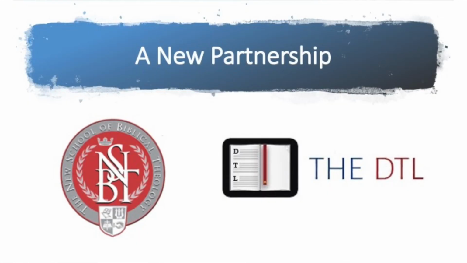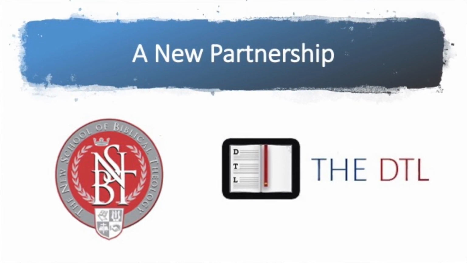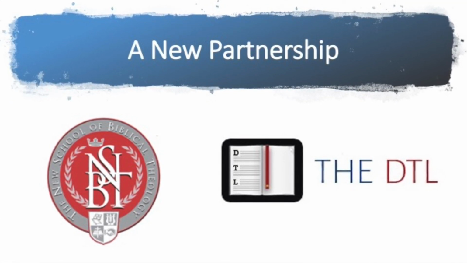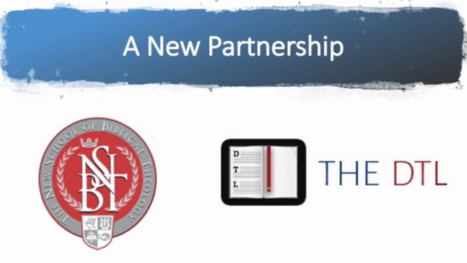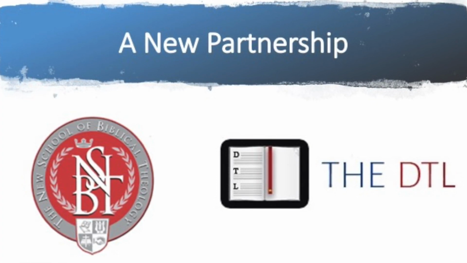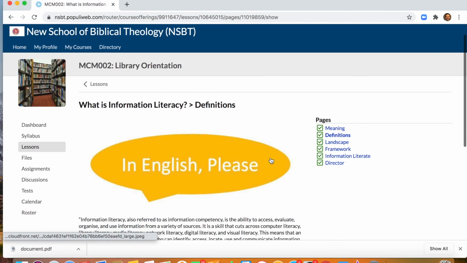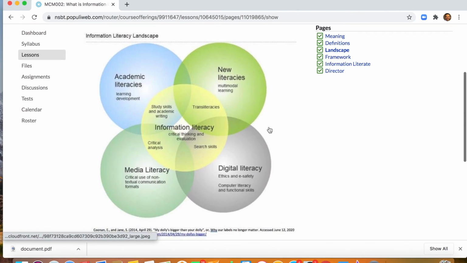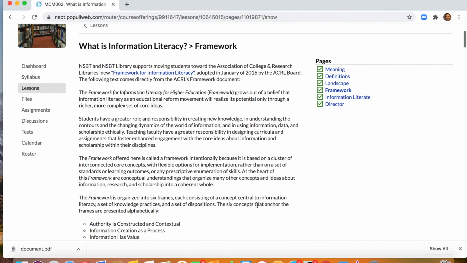That's why we've made this partnership with DTL, because we know that you can use this resource for strategic online searches, and you can judge the legitimacy because it's a trusted partner that we have. So at NSBT, just spend time, you can go to these and look at the definitions and the landscape of what information literacy is, the framework as well.